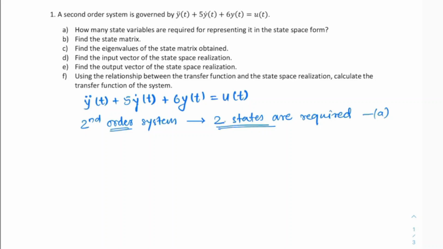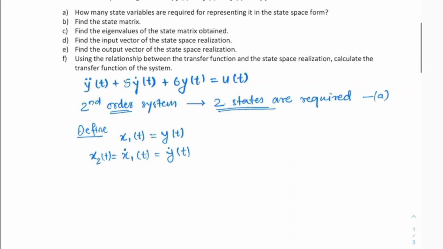So what do we do? We'll define x1 as one state, which will be y of t. Then if we differentiate this, x1 dot of t will be y dot of t. So let us define this as x2 of t.